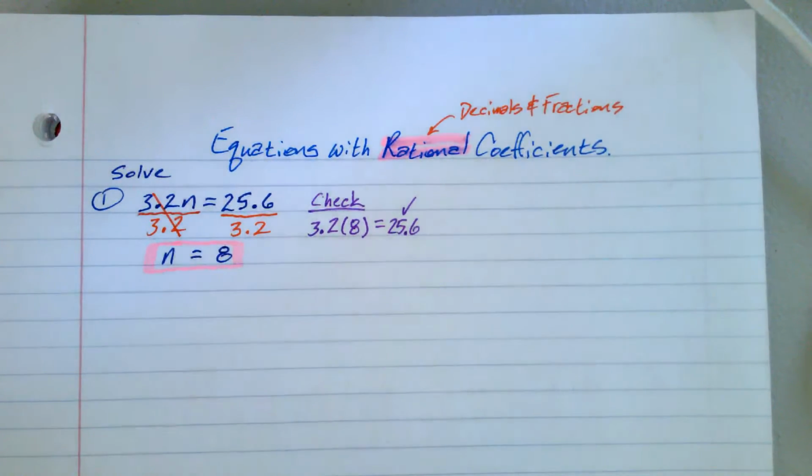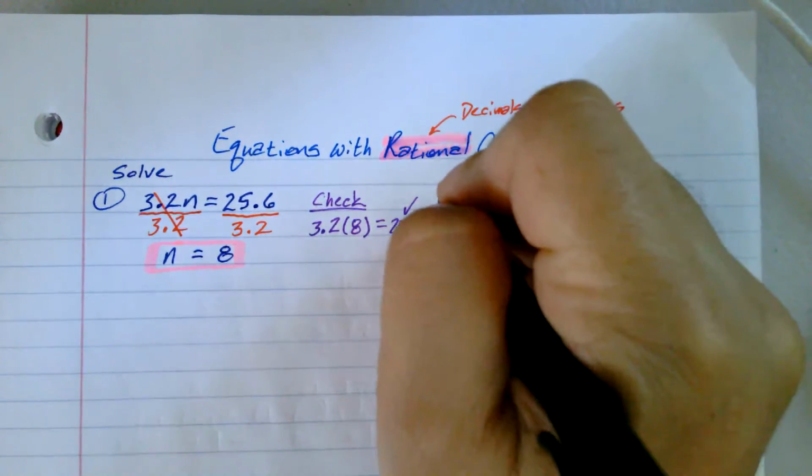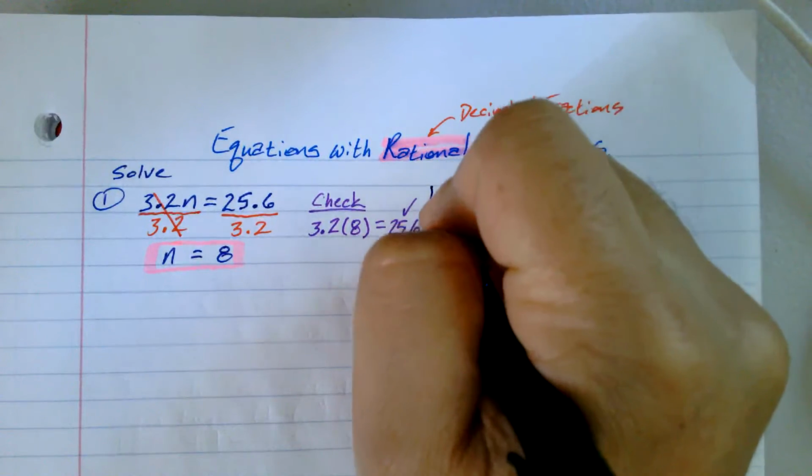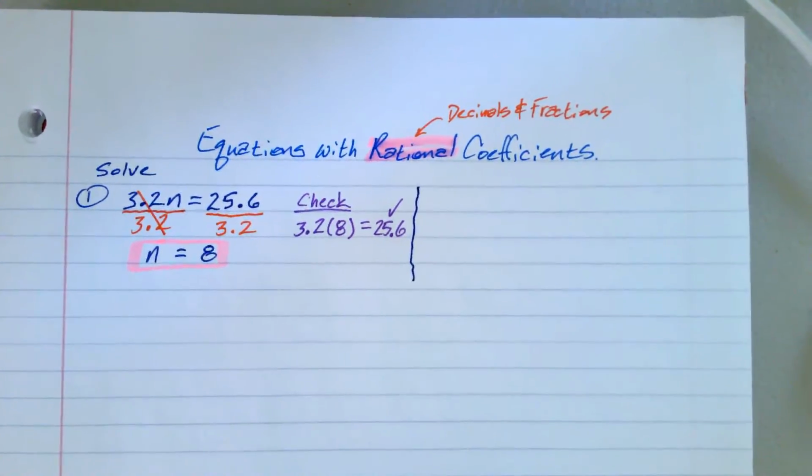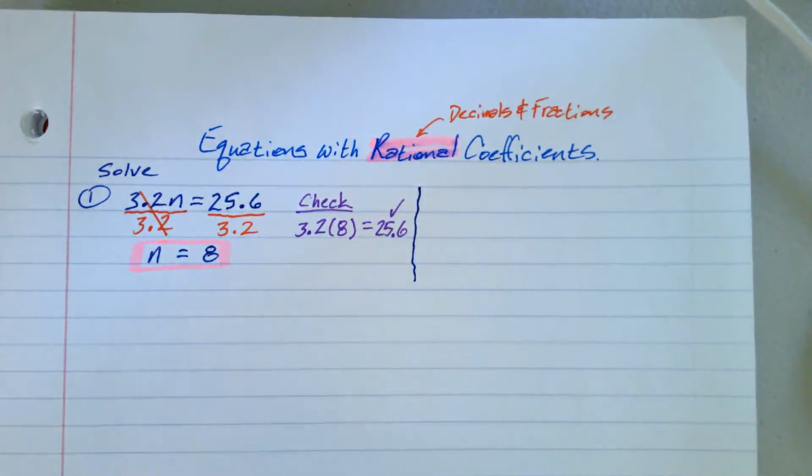Okay. Shall we do another one? Any questions, though? Okay. So I'm just going to, right next to it over here, see if I can fit in this next problem.